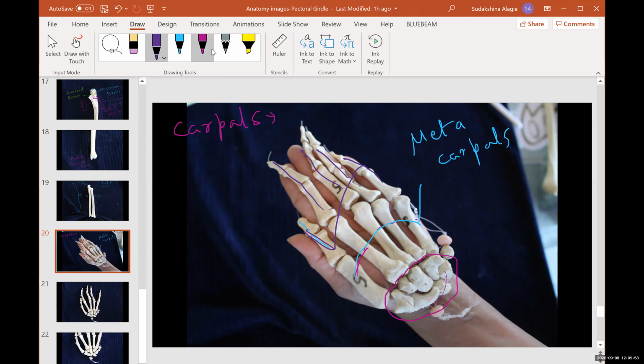All of this together constitutes the phalanges. Phalanx when you're looking at just a single one, phalanges when you are referring to all of them together in plural. For the phalanges, I just have proximal, middle, distal, pretty self-explanatory.